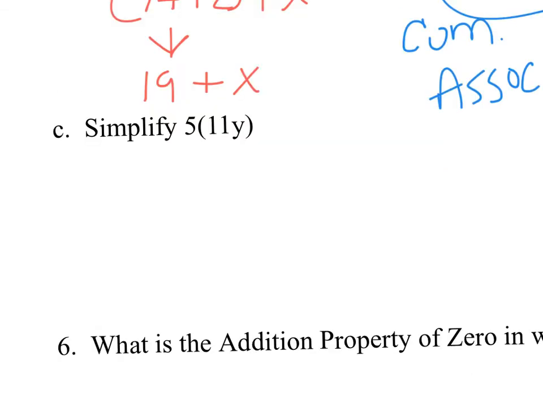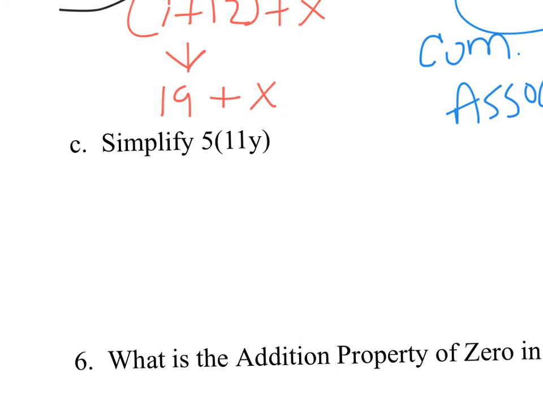Okay, so we're looking at C right now, simplifying 5 times 11 times y. So the first thing we're going to do is use the associative property, which would make it look like this. Associative is where you change the grouping of the factors, in this case since it's multiplication, so it would be 5 times 11, because 5 was outside of the parentheses and now it's on the inside, we changed the grouping.